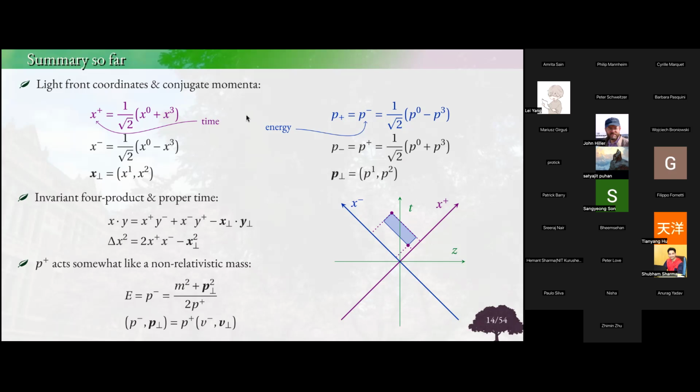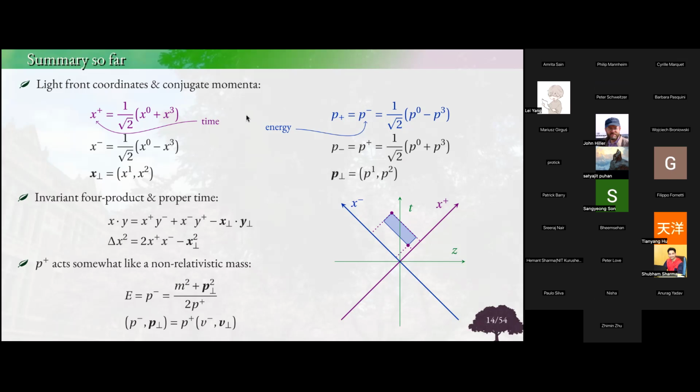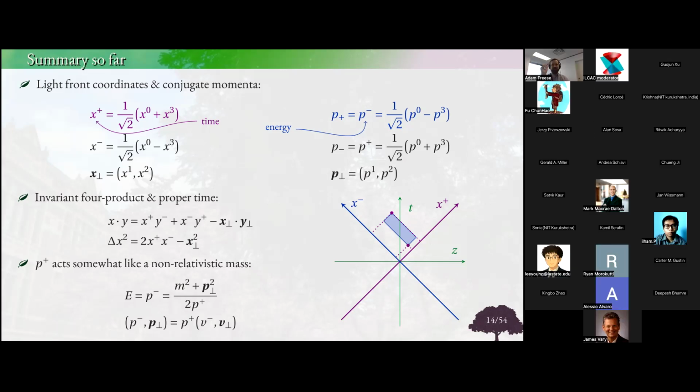And verbally, when someone says x plus, they mean x upper plus. So we prioritize the contravariant or upper index form when we're verbally referring to components. And one of the really nice things we saw, and I'm hoping today to get to a deeper explanation of this, is that a lot of formulas you encounter in light front coordinates look similar in form to non-relativistic formulas.